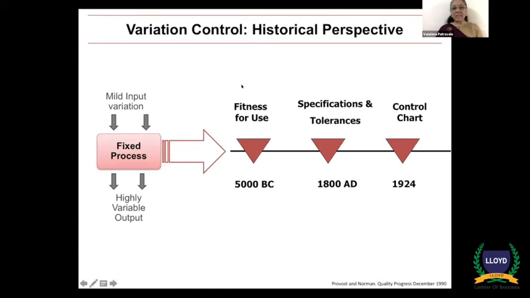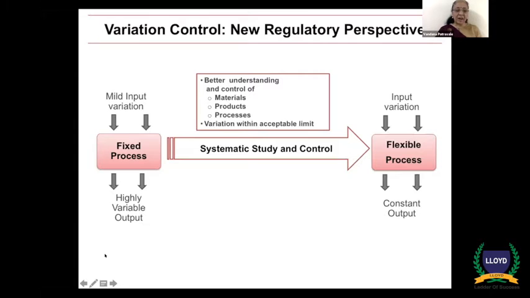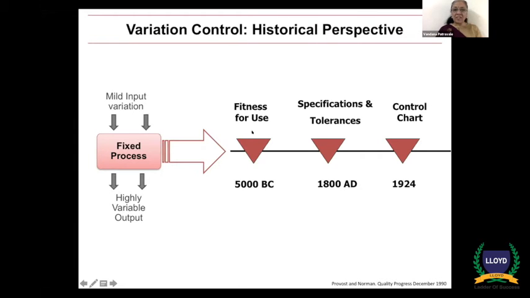So this depicts that age-old systems have been used. In 5000 BC, we were just checking whether whatever we are using is fit to use or not. All trials taken, you would have read, people were using feathers of birds even to inject certain parenteral preparations. So that was 5000 BC. But by 1800 AD, specification and tolerances came into the picture.